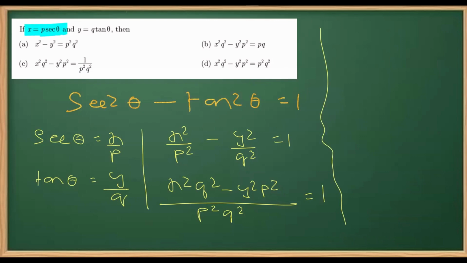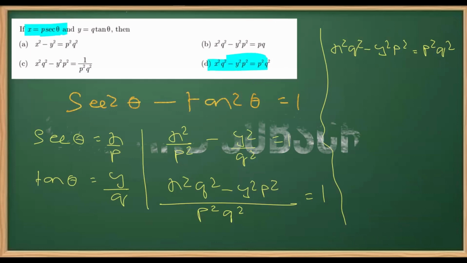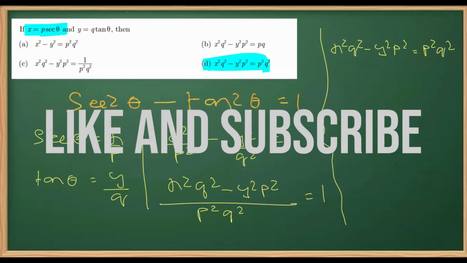Now next I'm going to transpose this p square q square. So it should give you x square q square minus y square p square is equal to 1 multiplied by p square q square. So if I go for the options over here, I can see that this is x square q square minus y square p square is equal to p square q square. Yeah, that's how this question can be done.